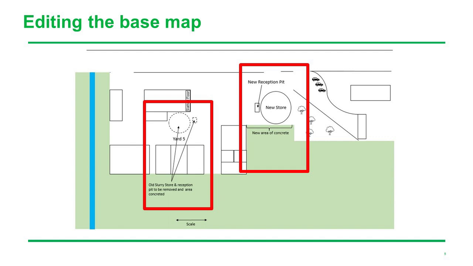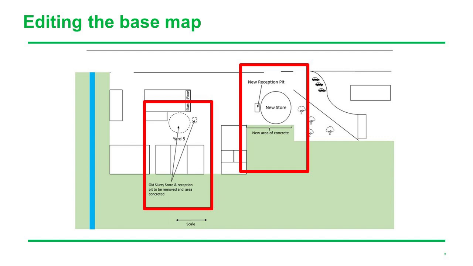Add on any new structures you will be constructing as part of your project, for example, the new slurry store, and location and lengths of new pipe work. Add on any new areas of concrete or hard standing you will be installing. Clearly indicate any structures or areas of concrete and hard standing that will be removed as part of the project.